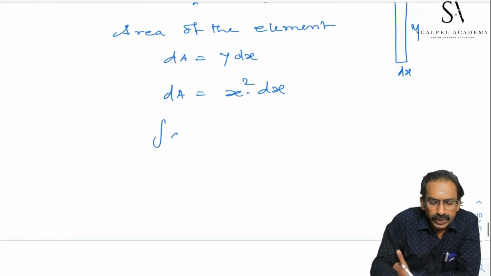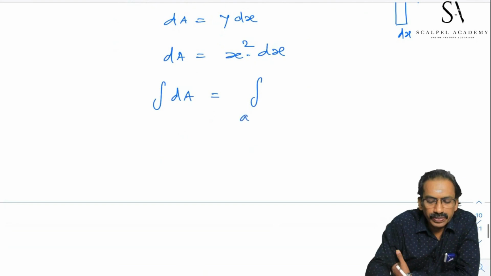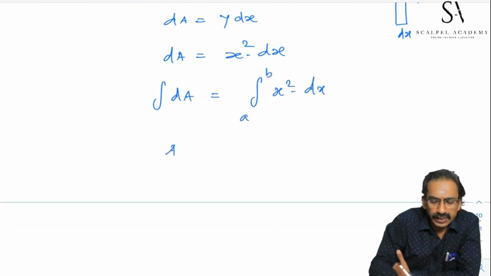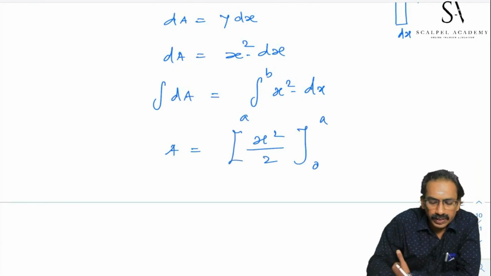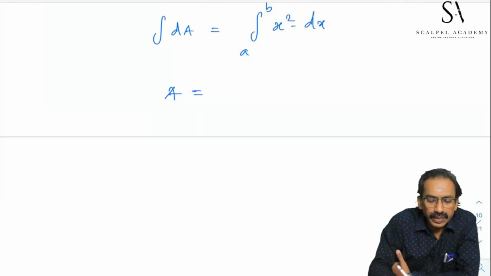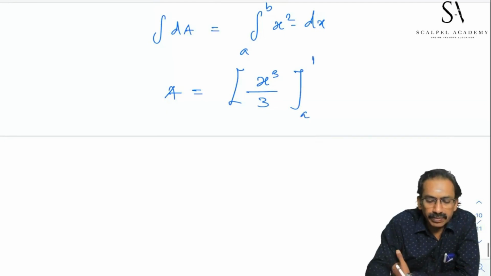Therefore, to find the total area, you have to integrate in between a to b, x squared dx, that is equal to x cubed by 3 from the limit a to b.